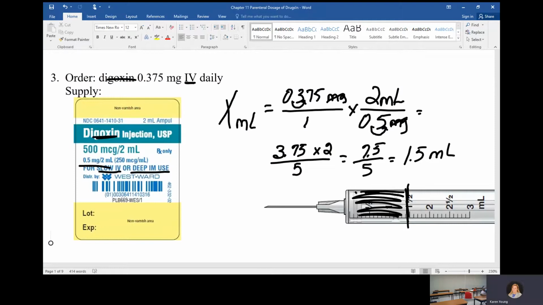Well, I got 3. Maybe I'm... Okay, there's my calculator. If I put it in my calculator, it's 0.375 times 2 divided by 0.5. I still get 1.5. You can see my calculator.